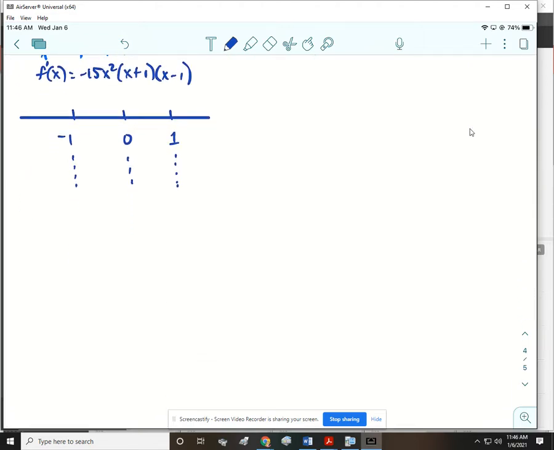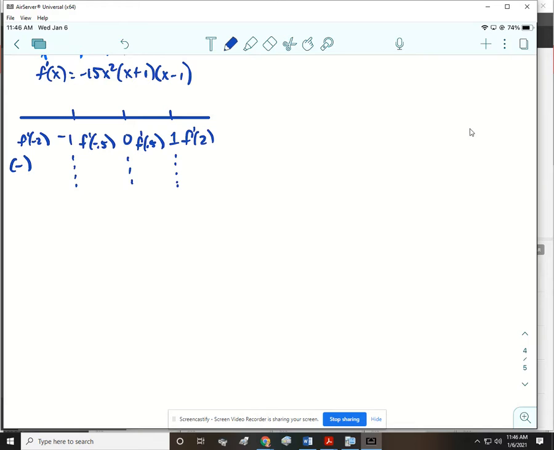We just need to know if it's positive or negative. So everything that we put in to negative 15x squared is going to give you a negative. All right, and then we're going to have to put in -2, -0.5, 0.5, and 2. We're testing all of those in the first derivative.